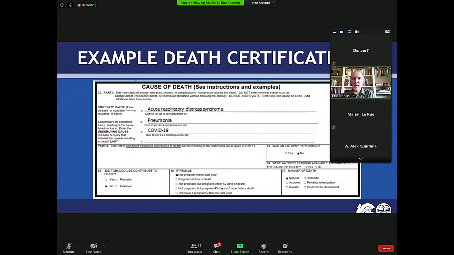If a person had asthma or heart disease or chronic obstructive pulmonary disease underlying their general health, and you felt that also was a contributor, that would go down into the Part 2 section of the death certificate. So this is where the death certificate on this line C, or underlying causes, would describe the death as underlyingly being caused by this COVID-19 infection.